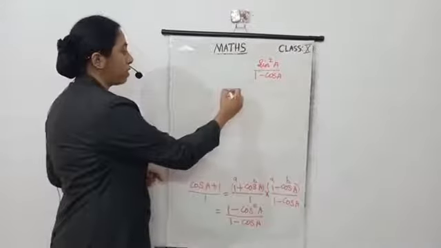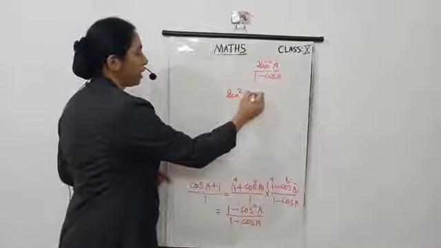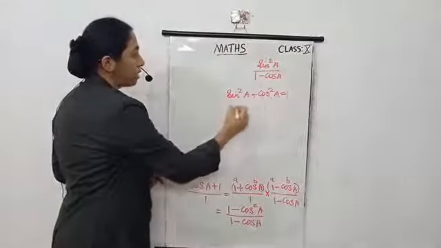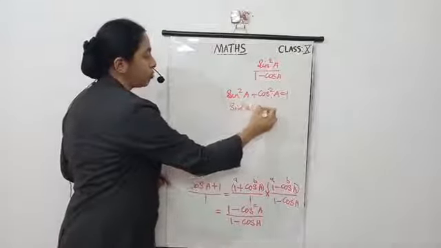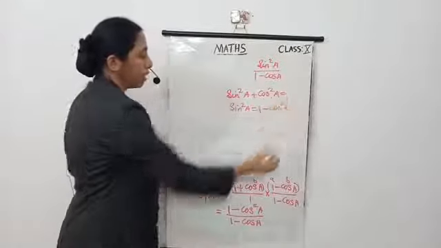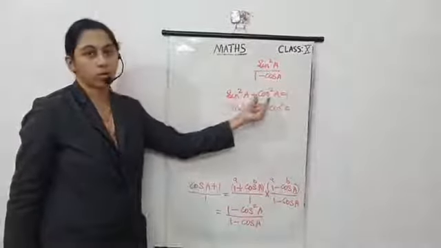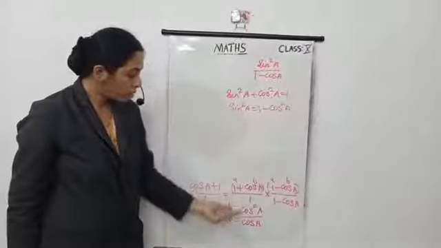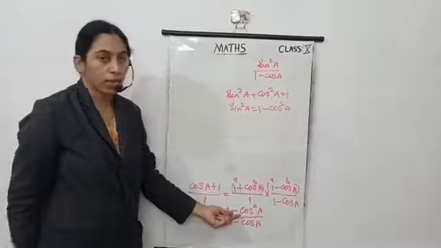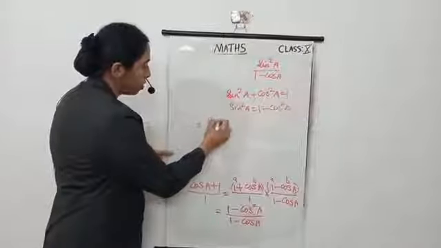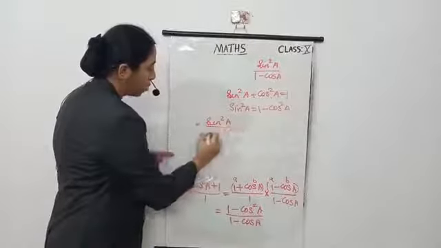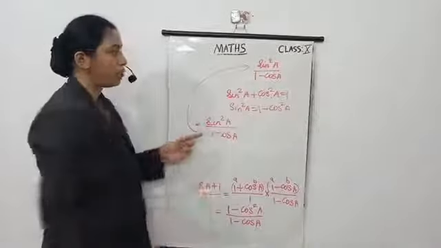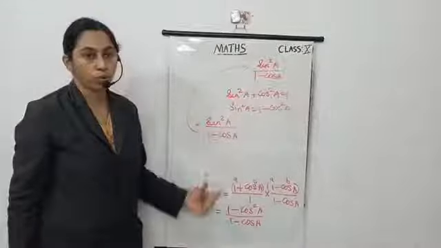So I think all of you know that identity, and this sin square A is equal to 1 minus cos square A, isn't it? We transpose this cos square A to the right hand side, we get 1 minus cos square A is sin square A. So substitute that sin square A here. So this is equal to sin square A by 1 minus cos A. Now check, this is the right hand side of the question. That is, we proved.